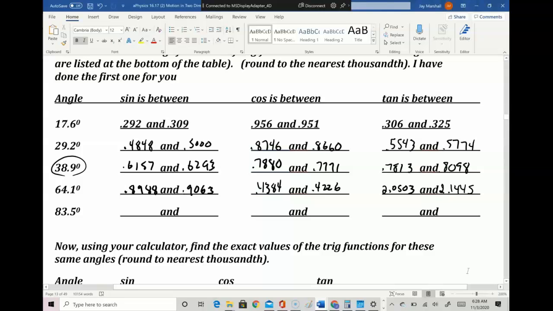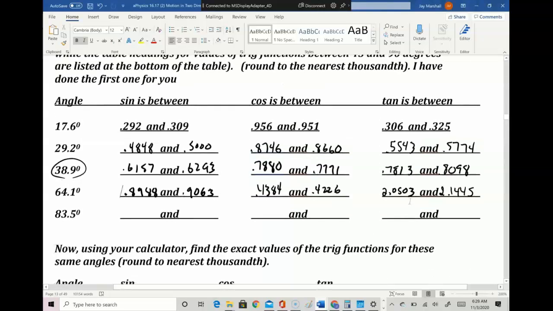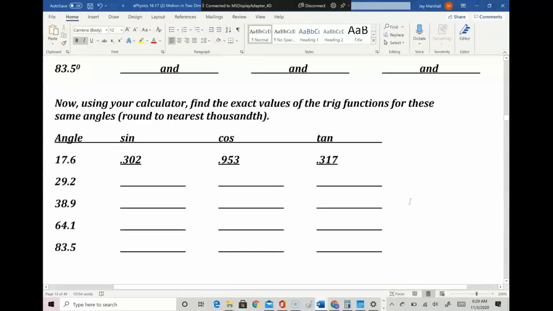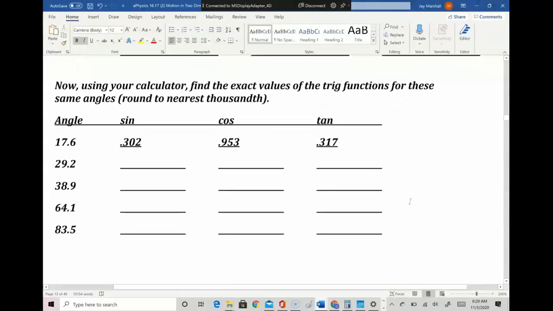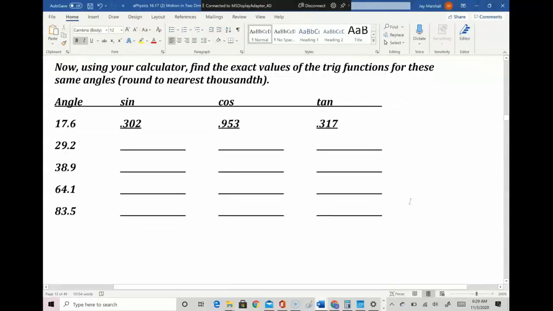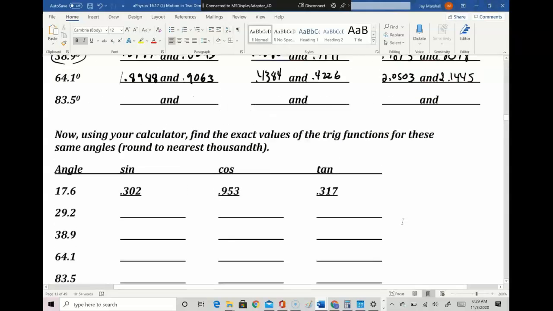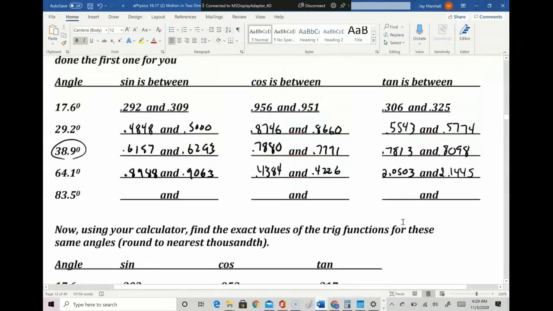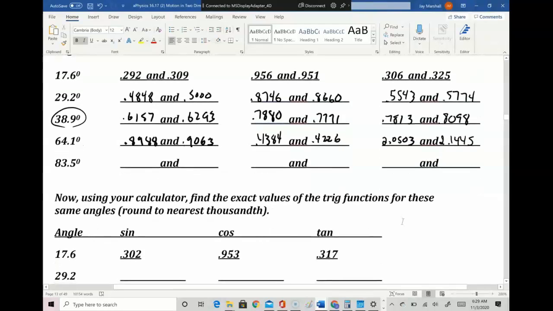Okay, and then I'm going to let you do the last one by yourself. Using your calculator, I want you to find the exact values and confirm that those are in fact between those numbers.